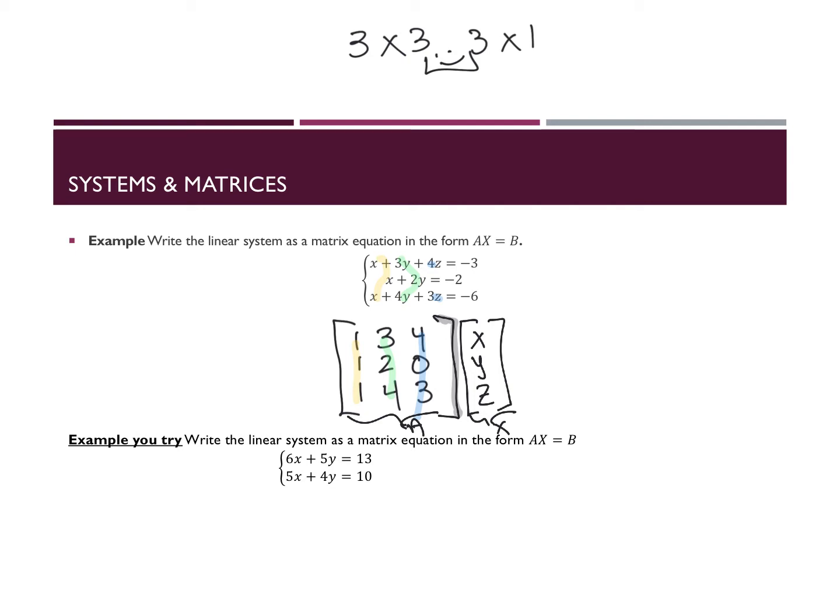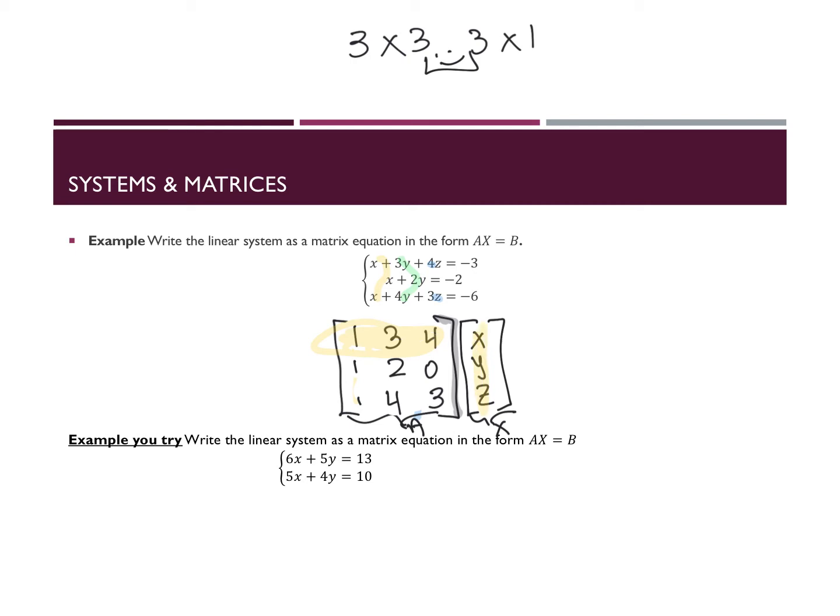If we were to multiply them, we know we're going to go row into the column.